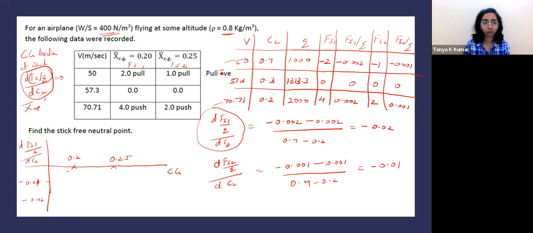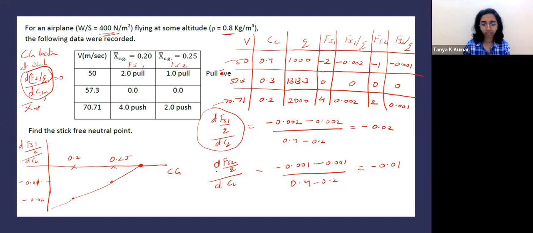So for the 0.2 CG, you had this, and for 0.25 CG, you had this. You just join this line, extrapolate it, and this is the CG location where your dFS by Q by dCL becomes 0. Correct? How do you find out this equation? It's the equation of a straight line, just extrapolate it to the 0.